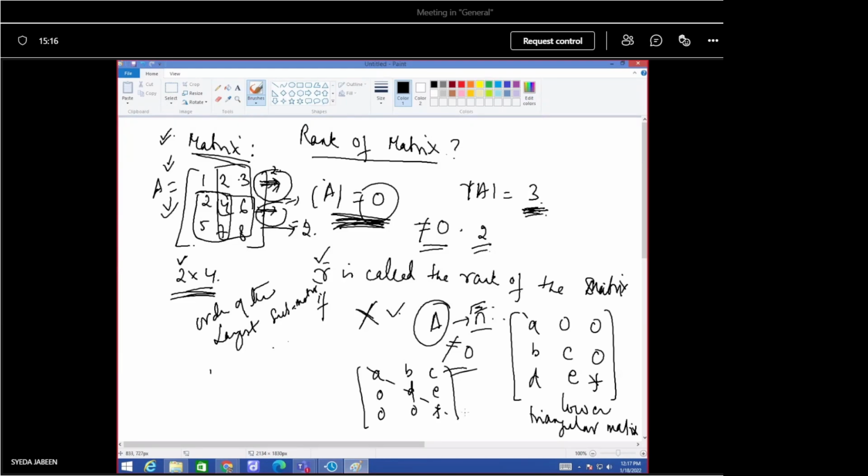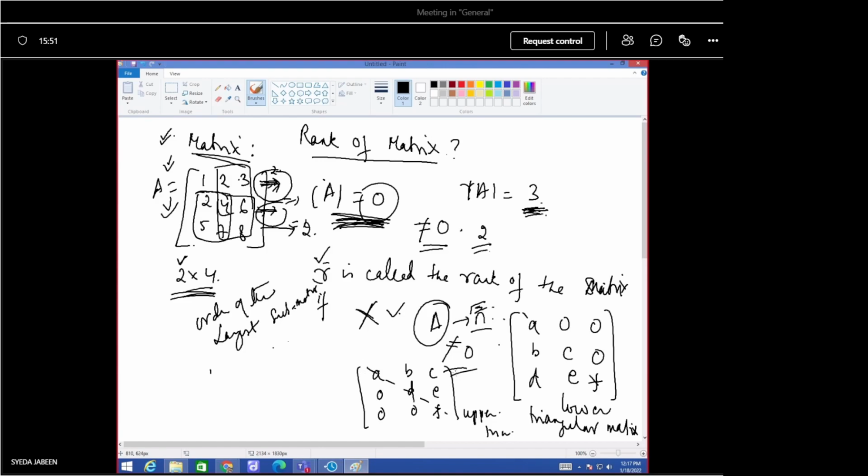This is called the upper triangular matrix. In this case, the rank of the matrix will be the number of non-zero columns in the lower triangular matrix, or the number of non-zero rows in the upper triangular matrix. So when you convert the matrix to a lower or upper triangular matrix, the number of non-zero rows or columns defines the rank of the matrix.